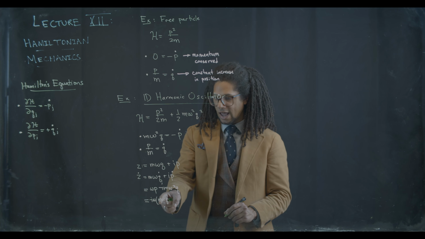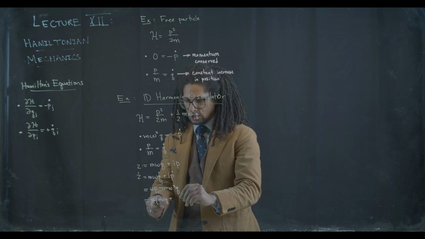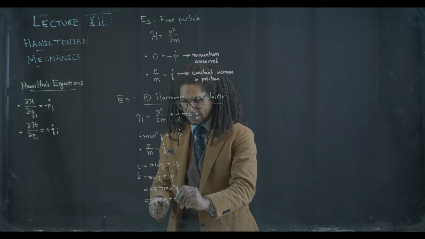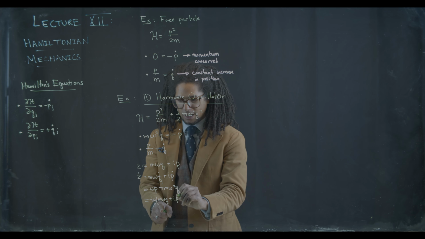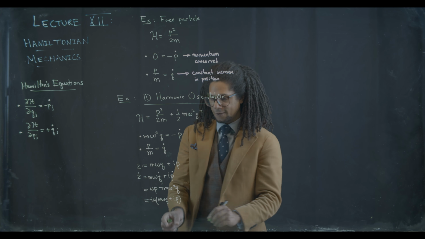That's going to give me an m omega q for that first term, and then plus, well, what do I need to put into the second term? If I want to get a plus 1, I need to multiply this minus i by a plus i here, so plus i p. But notice that this is exactly z. So I get minus i omega z. Wonderful. So putting this all together, I have z dot is equal to minus i omega z.